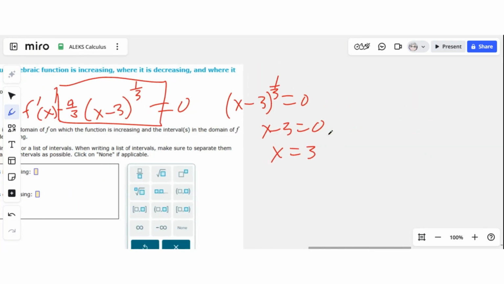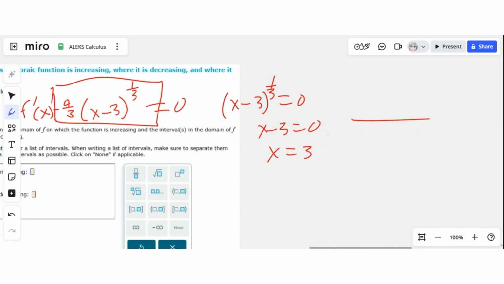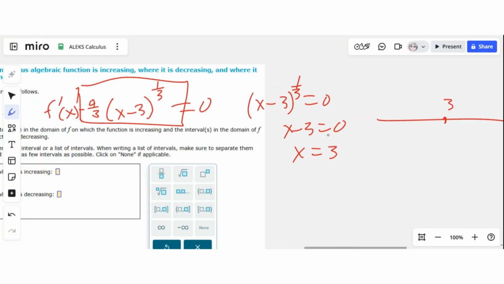So what that tells me is, I don't know what all this function is doing, but at 3, it's either got a local max or a local min. And what I need to do is test on either side of this to see if the derivative is positive, that means the slope is positive, so the function's increasing. If the derivative is negative, that means the slope of the tangent line is negative, so the function is decreasing. So let's take a couple of points to test.